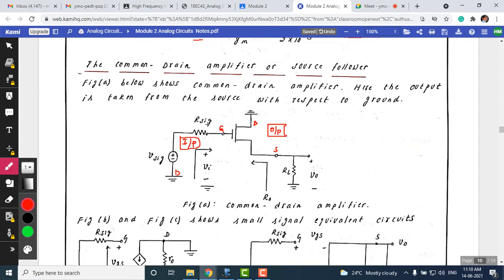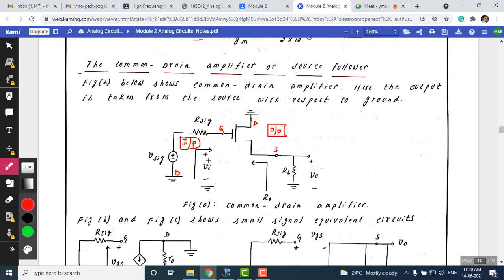There is R signal, the resistance of this AC source, V signal is an AC source, and we are measuring output at the source terminal. So therefore we have here load resistance as RL. The voltage measured across RL is denoted as V0.